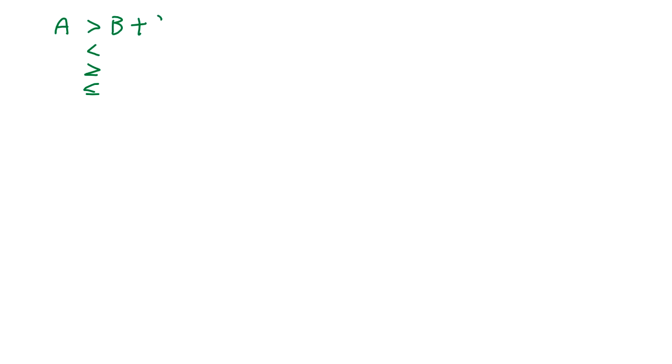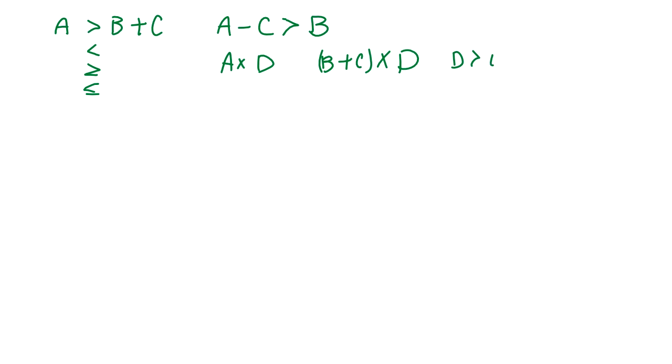plus C. Now we can move this C as you like and the relation doesn't change. Okay, this is important. But if you multiply by some number D, so A times D, and B plus C times D, it depends on D. If D is positive, it stays the same.